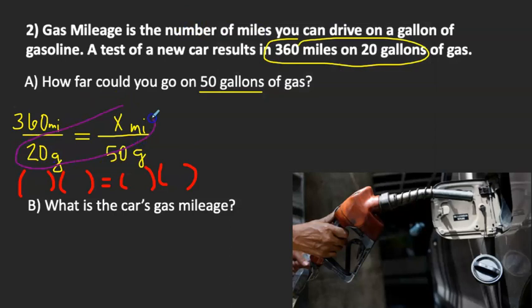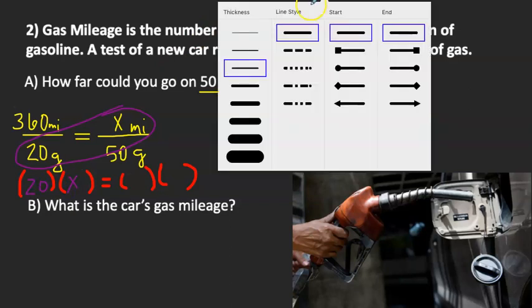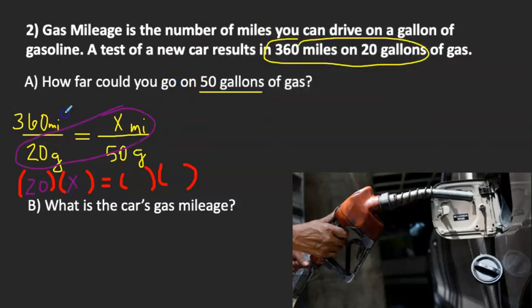So 20 is multiplied by X, and then 360 is multiplied by 50. So on the left side, we get 20x. And then on the right side, I'm going to go ahead and multiply 360 times 50.